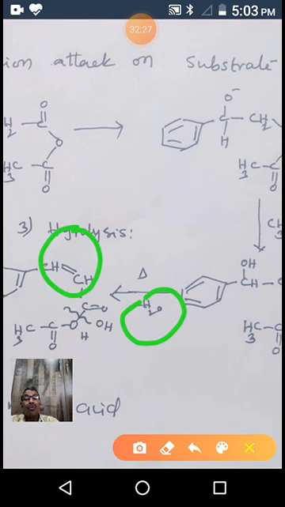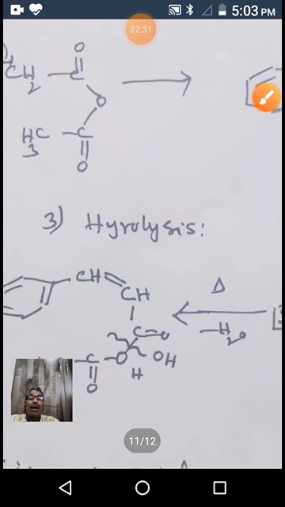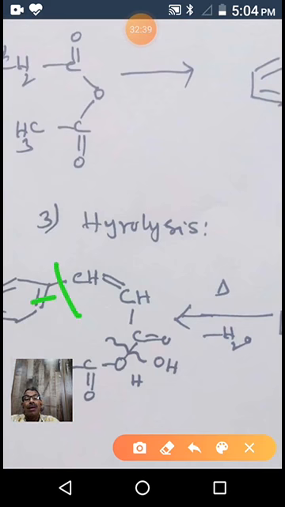What is the driving force for this reaction? In this product, we observe conjugation. Observe carefully: double bond, single bond, double bond, single bond, double bond. It is called extended conjugation. Due to extended conjugation, electron delocalization takes place, so more resonance structures can be written, and that's why it is stable.